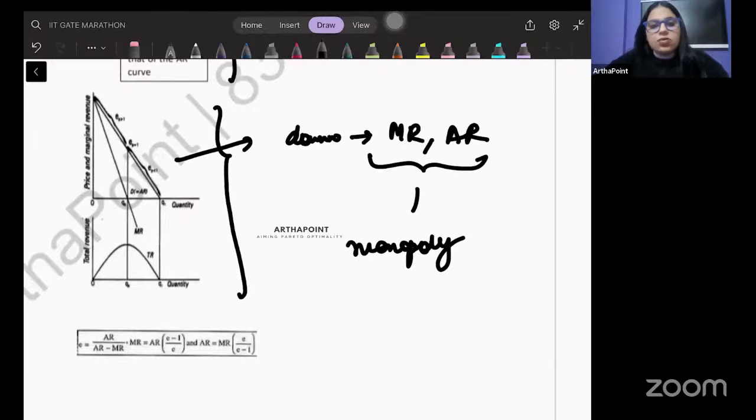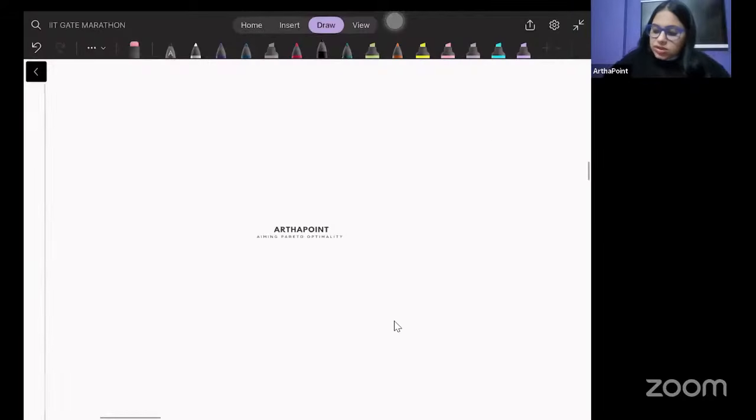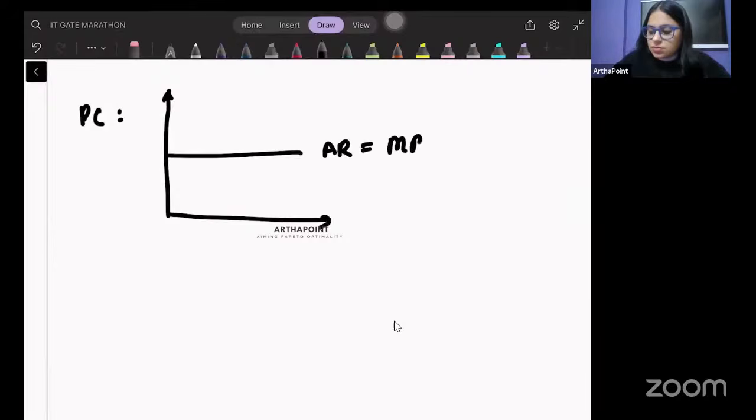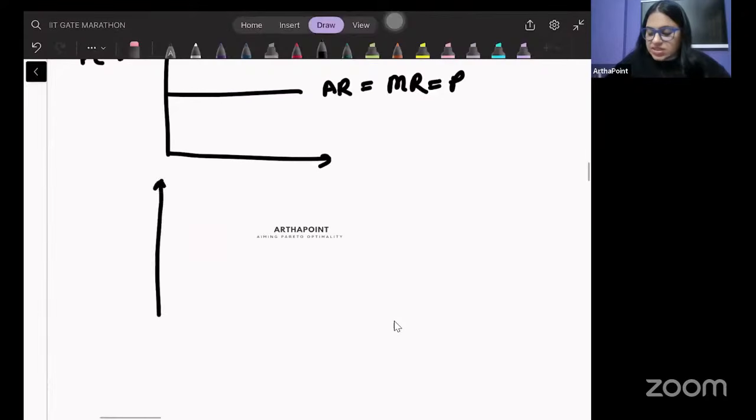Okay. Now there are two things. If I have perfect competition, then my AR curve is this. In this case, because you are a price taker, your TR curve will be like this.